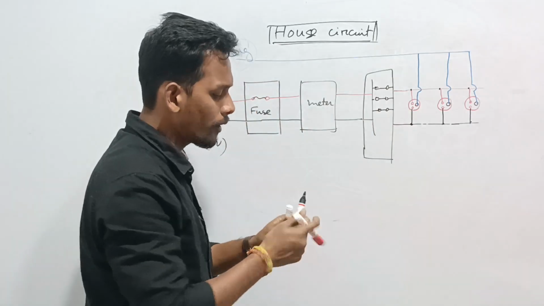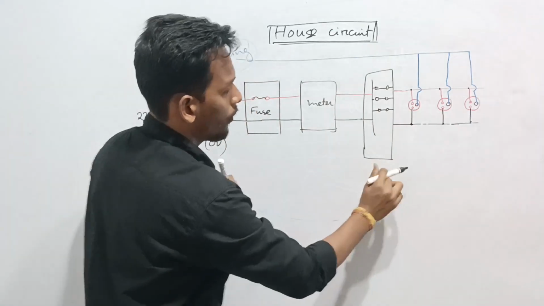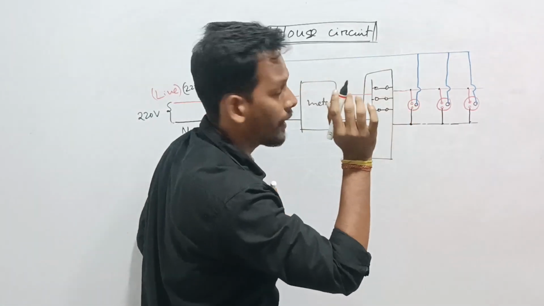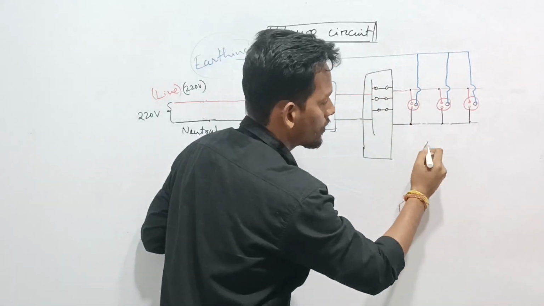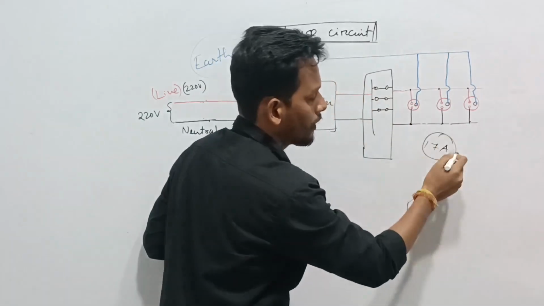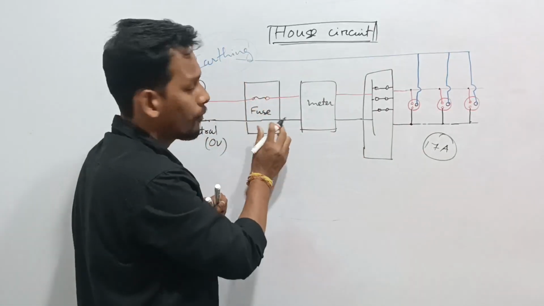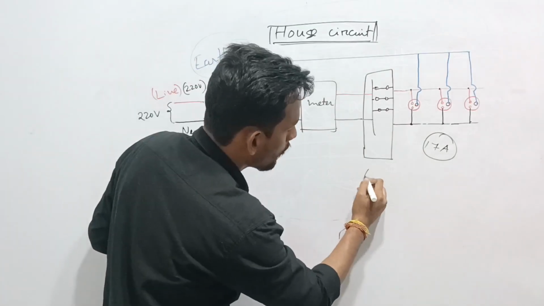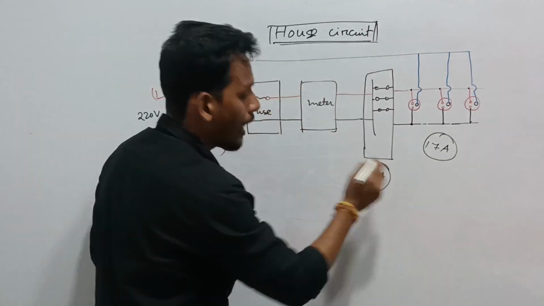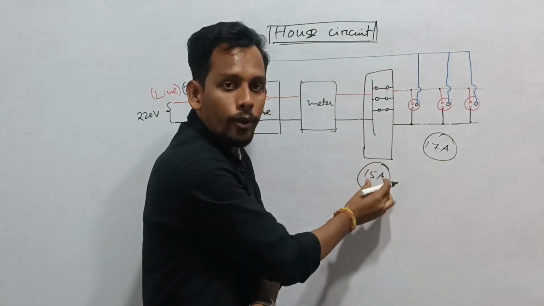Say one question is like: you are using an AC which has a rating of 17 ampere. 17 ampere current is required. Suppose your MCB or fuse is of 15 ampere.